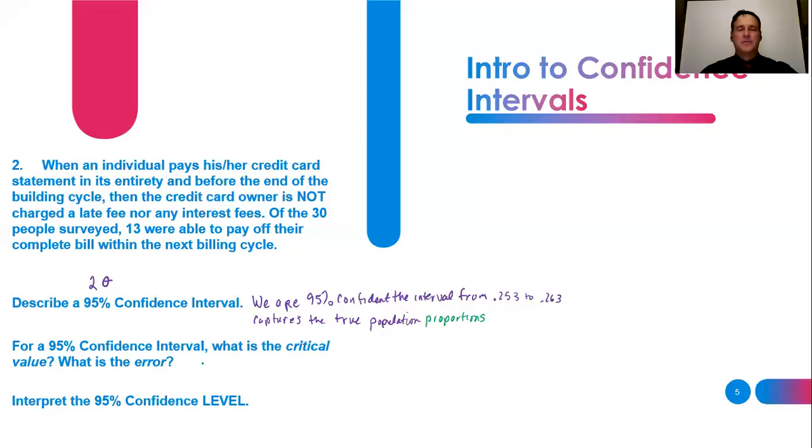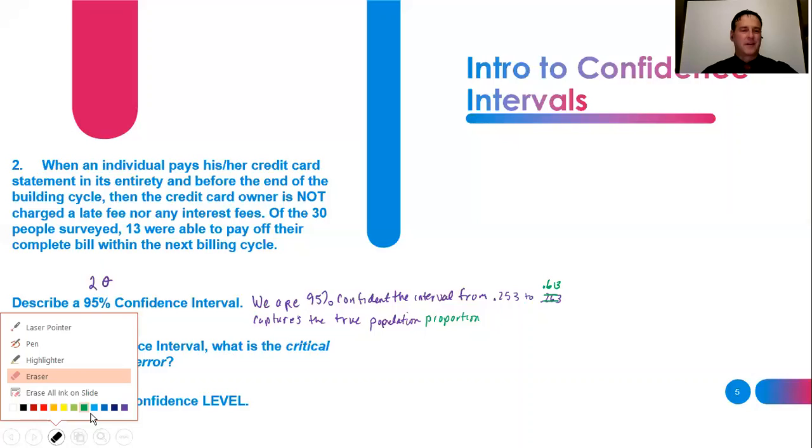So you're 95% confident the interval from 0.253 to, I wrote this backwards, let me correct myself, sorry, 0.613 captures the true population proportion for, and then we have to put this in context.